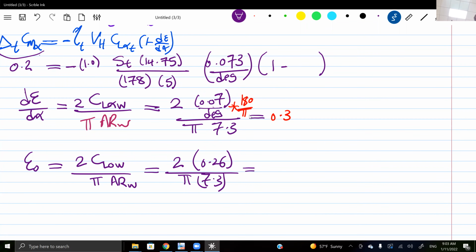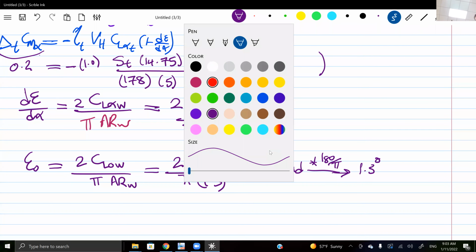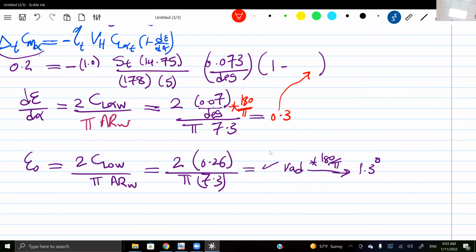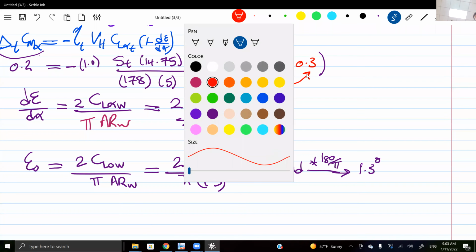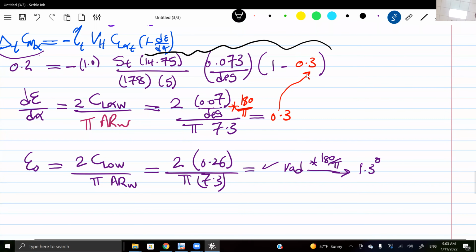So whatever I get here will be in radians. I'm going to multiply it by 180 over pi if I want to write it in degrees. So this will be 1.3 degrees. This is the value that I was waiting for here, 1 minus d epsilon by d alpha. So this is 0.3.